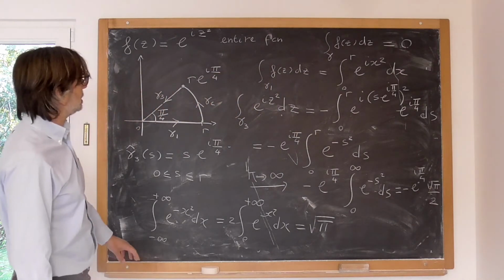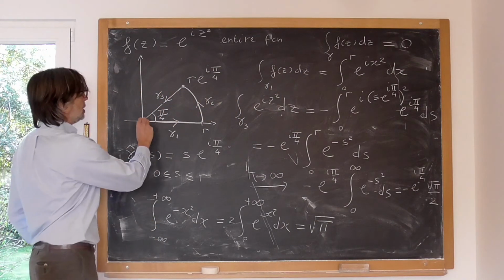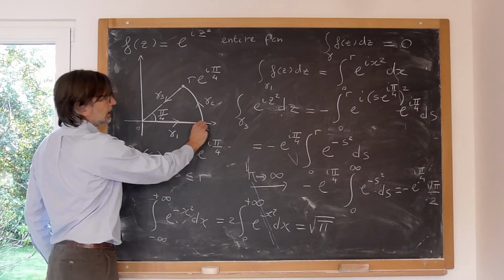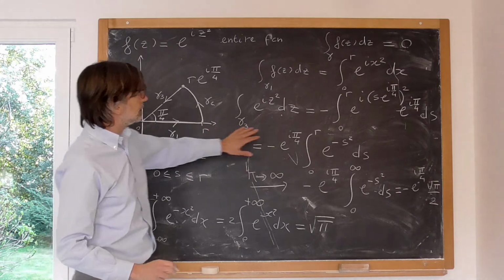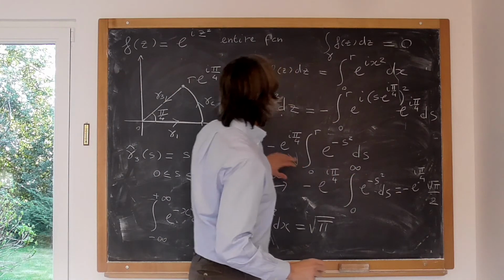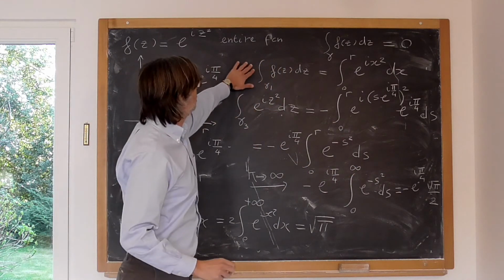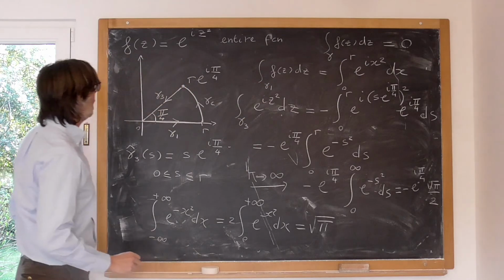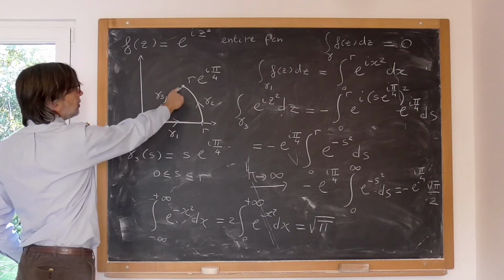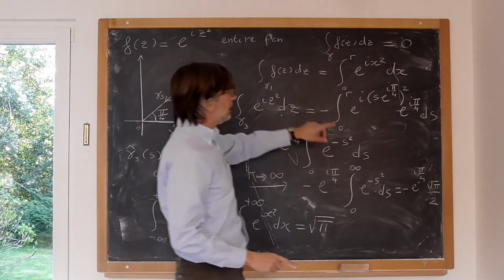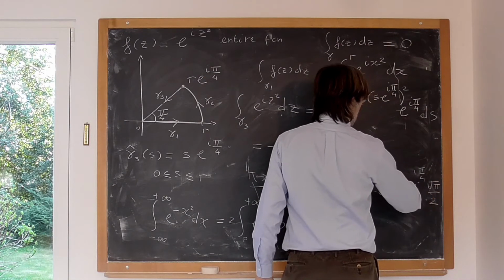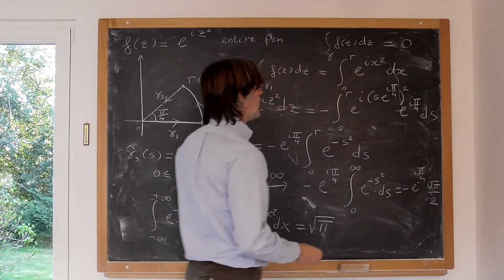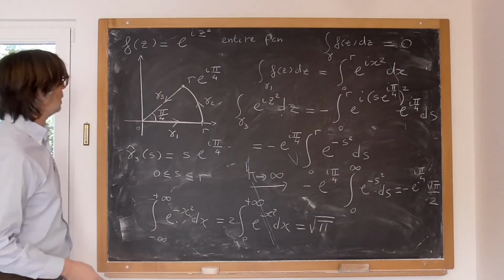Okay, so let's see what we have. The integral we are interested in is written here, the integral over gamma 1. The integral over gamma 3, we computed it, it's square root of pi divided by 2 times e to the i pi over 4.